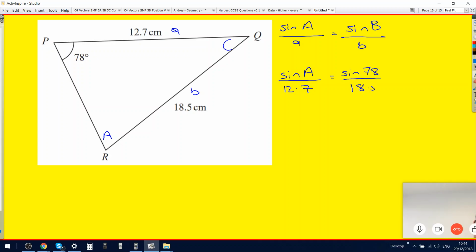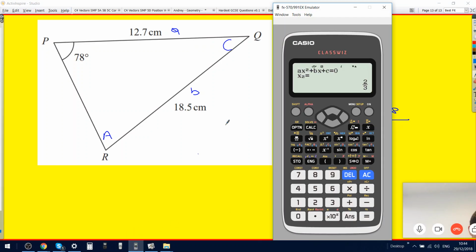Sine A equals 12.7 times sine 78 over 18.5. A is inverse sine of the answer. Plug that in.